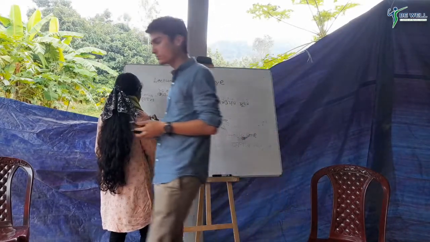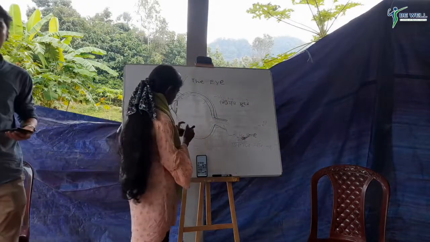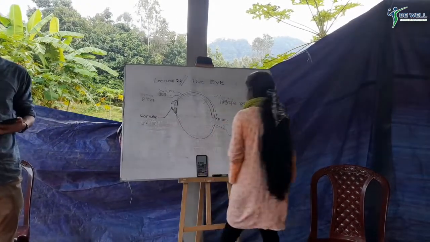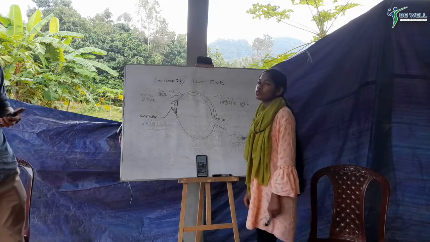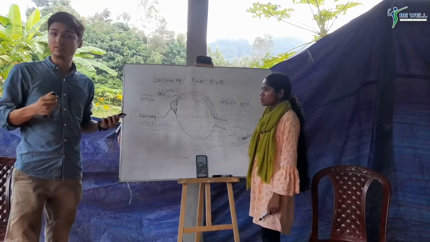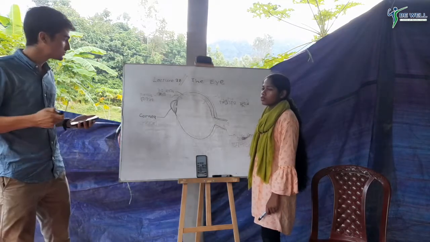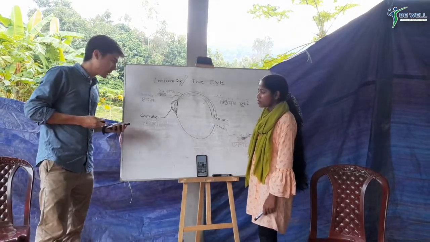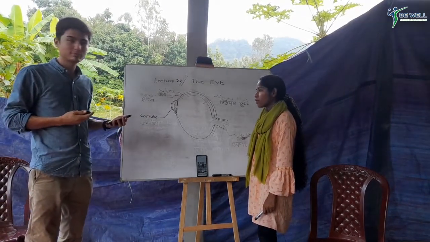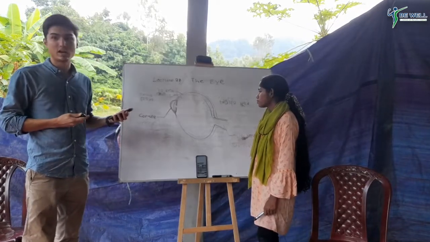And the iris isn't just to make you look pretty, although some people have some very beautiful irises. I like to think mine are pretty good. I also like to think Nadia's are pretty nice.